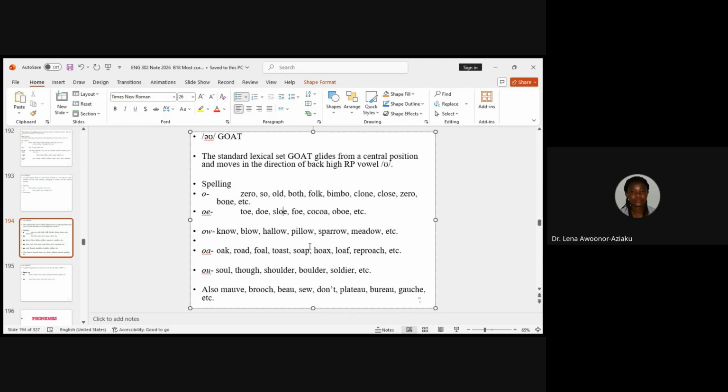Okay. So as you listen to yourself, as your colleagues listen to you, which of the sounds do you sound more of monophthong than diphthong? Toe. Oh, toe. Zero. So, old.